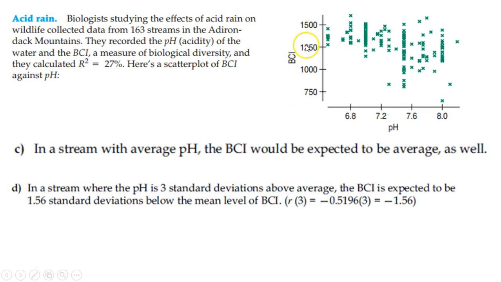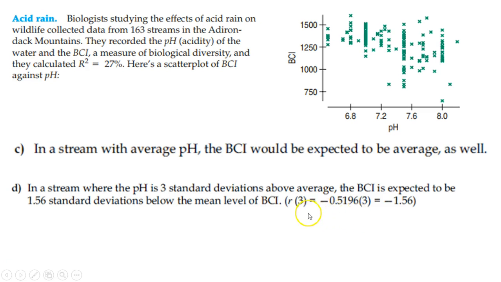In a stream where the pH is 3 standard deviations above average, the BCI is expected to be 1.5 standard deviations below. And then some are wondering how that is given.